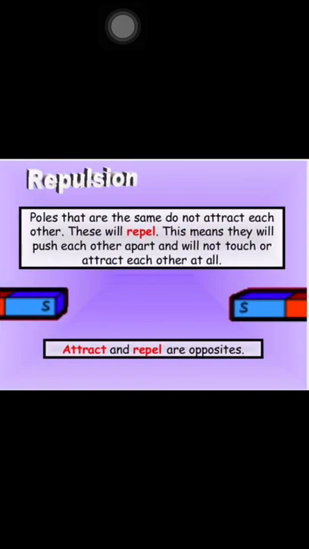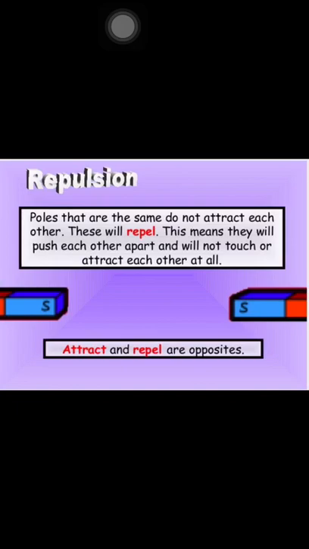Now what is repulsion? Poles that are the same do not attract each other, they repel each other. This means that they will push each other apart and will not touch or attract each other at all. So in simple words, repulsion is between like poles.